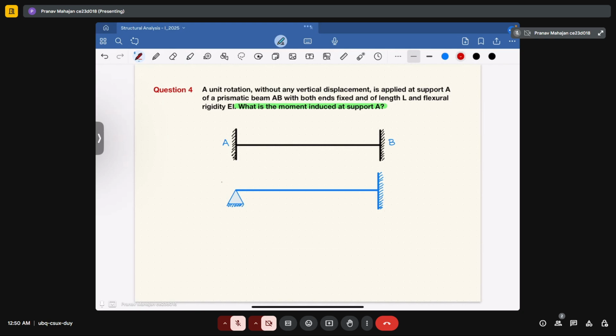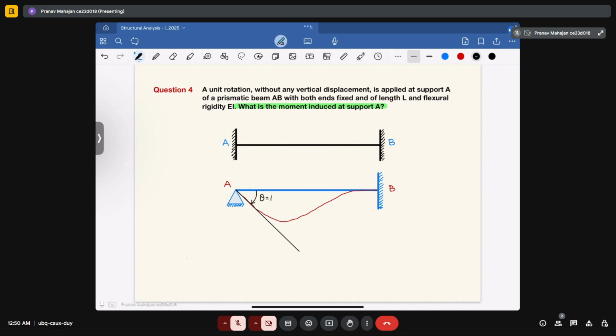So this is your support A. Now if you provide unit rotation, how will the deflected profile of the beam look like? So let's say this is your unit rotation and it will have zero rotation at the end B. Okay, so let me mark a tangent in this direction. So this will give you a unit rotation in the clockwise direction, theta equal to 1.